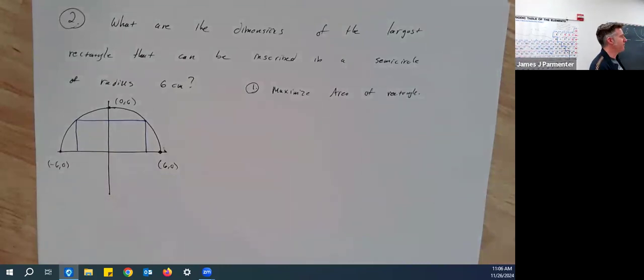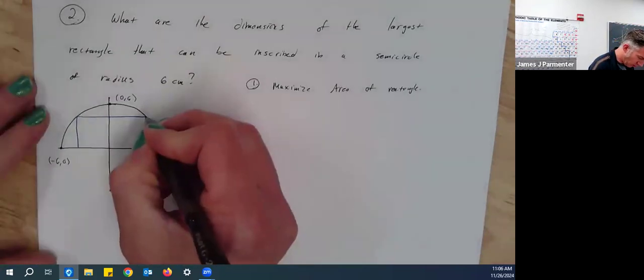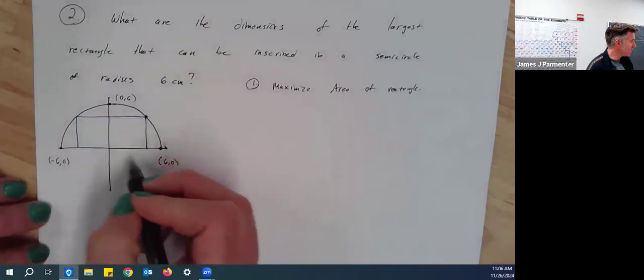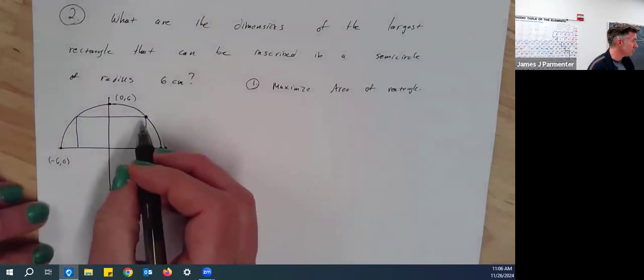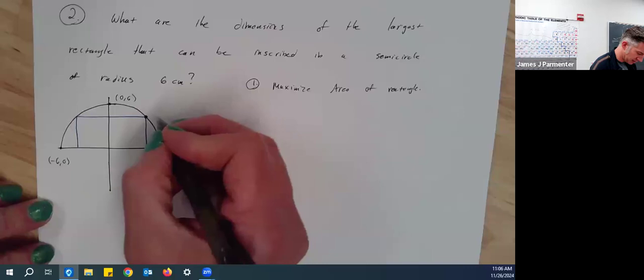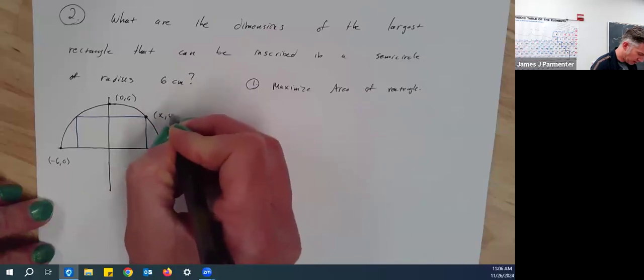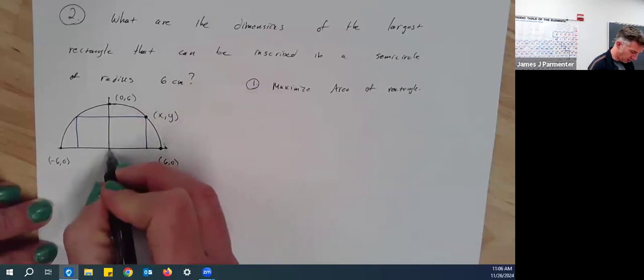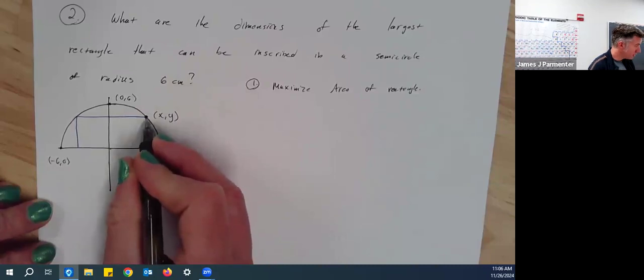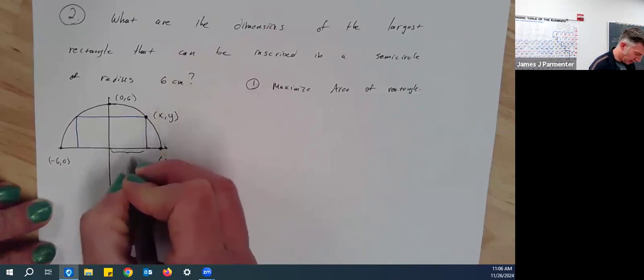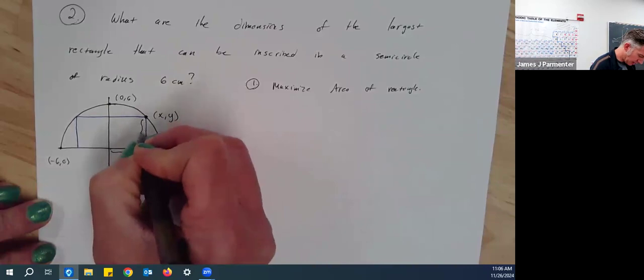It would probably feel pretty normal to label the base as X and the height as Y. But that's actually a slight disservice to us. So what I actually want to do here is label this point where the rectangle is touching the semicircle as just the coordinates x comma y. Because I've literally gone over x and up y. So I'm going to call this length x and this length y.